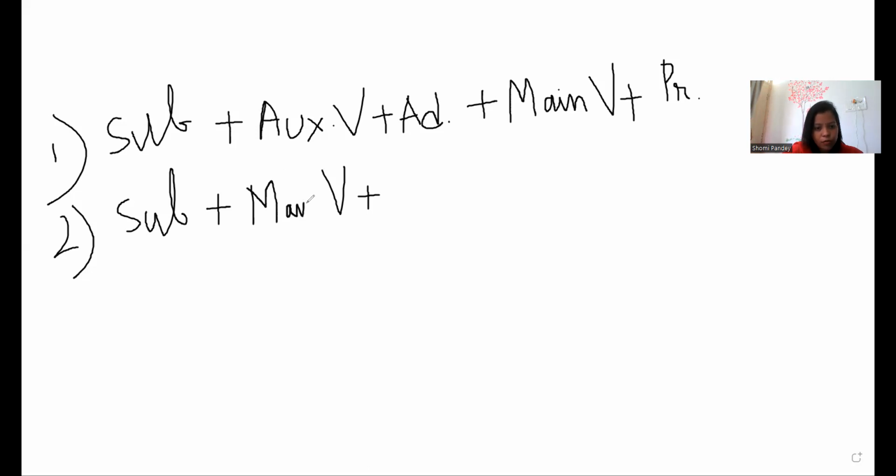This has to be the main verb. Okay, subject, main verb, and then you can say the adverb. This is one way, okay? Then the position can be like immediately before the main verb. That is also there.